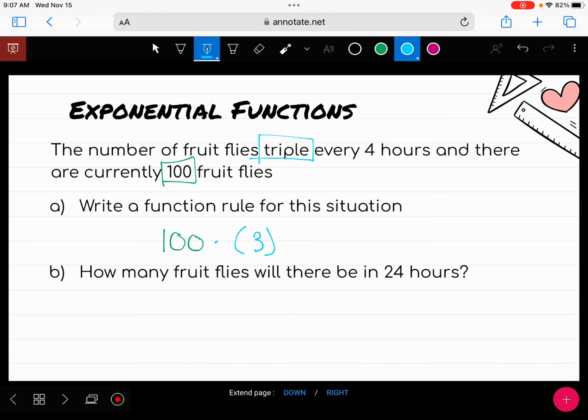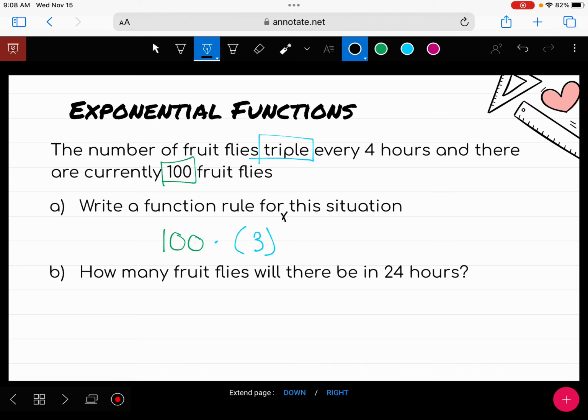And if it was every hour, we could just say x, right? Or t. Do you guys remember how we make the adjustment for the fact that it's not every hour? It's every 4 hours. Yes, exactly right. X over 4.